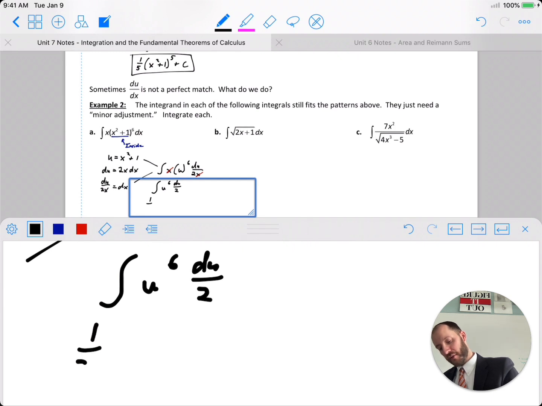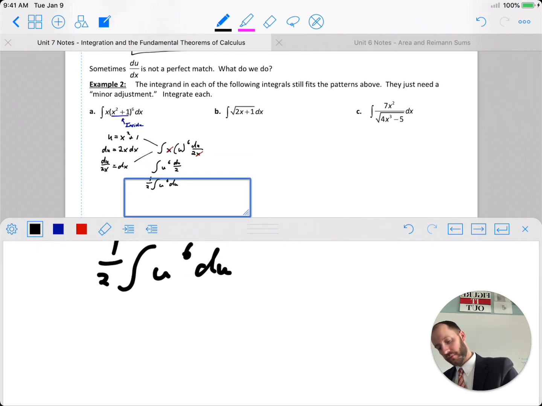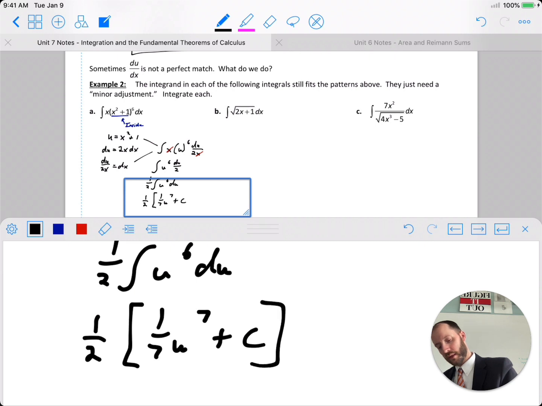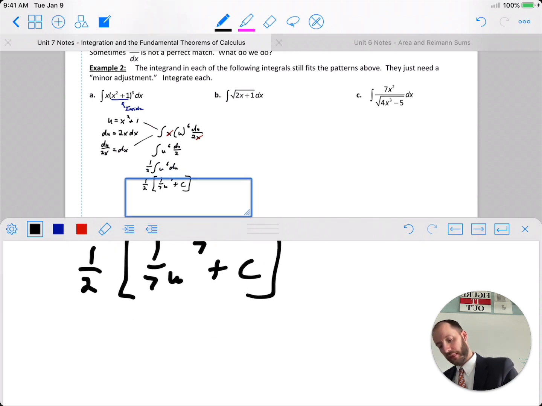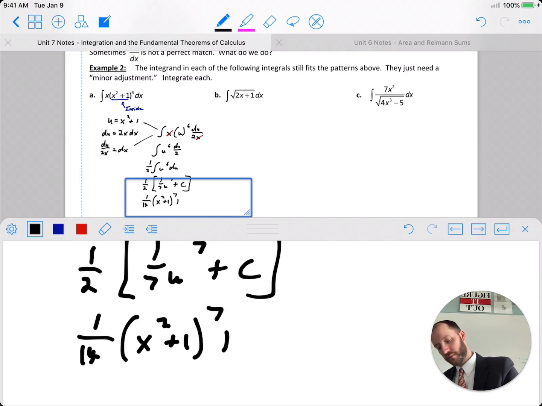So 1/2 times the indefinite integral of u to the 6th du. Then 1/2 times 1/7 u to the 7th plus c. So 1/2 times 1/7 multiplied together is 1/14. Resubstitute the u back in, so x squared plus 1 to the 7th.